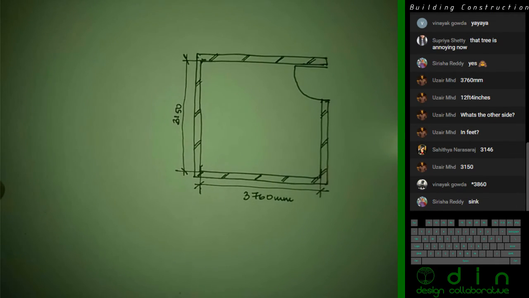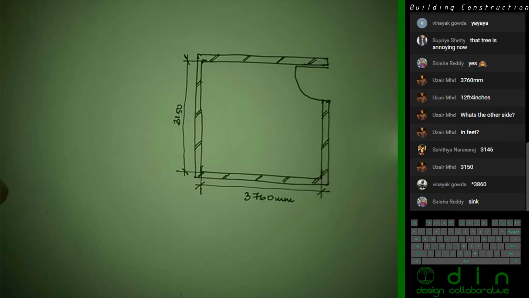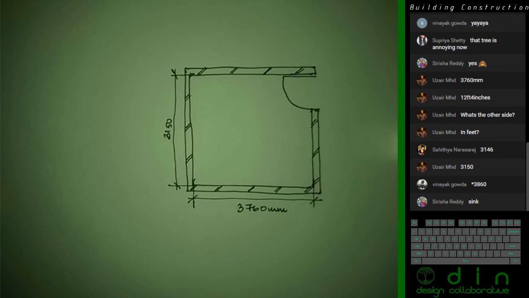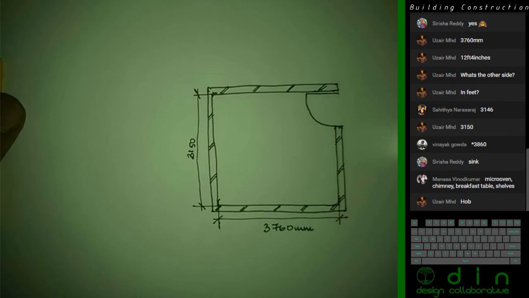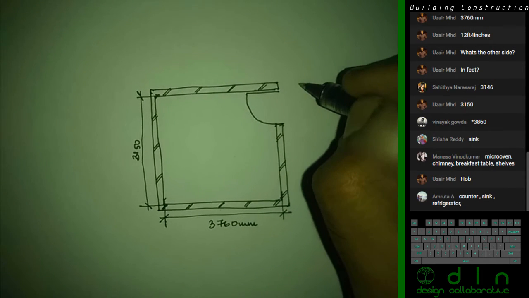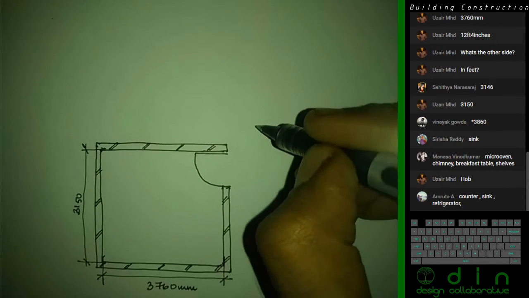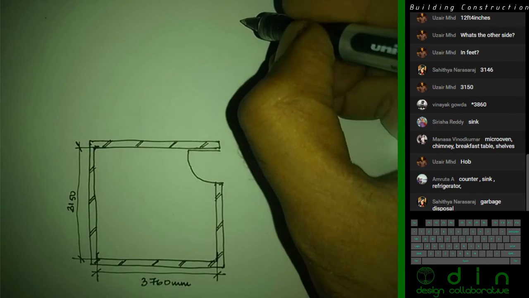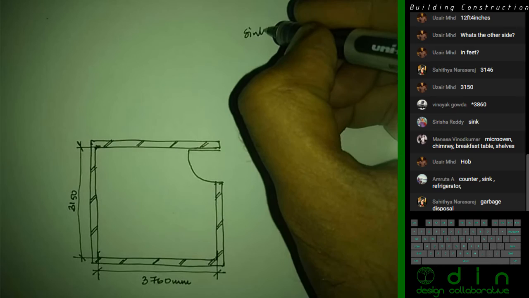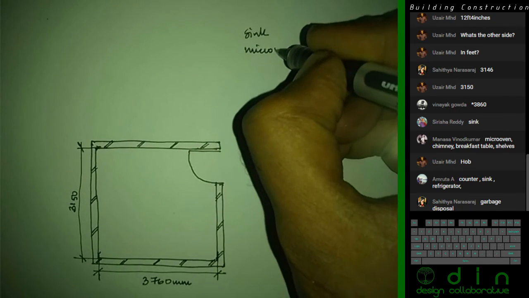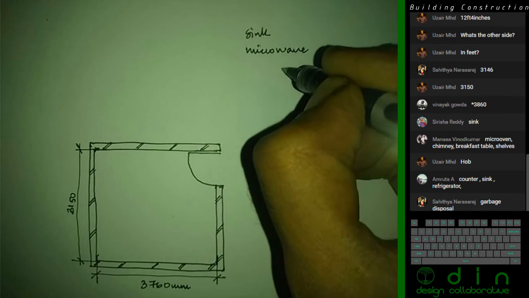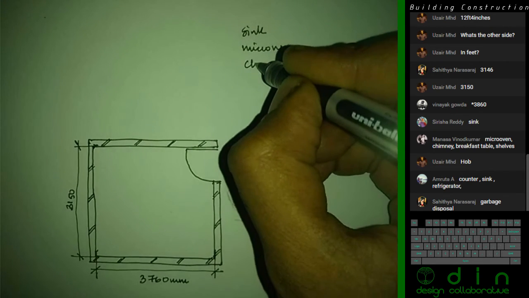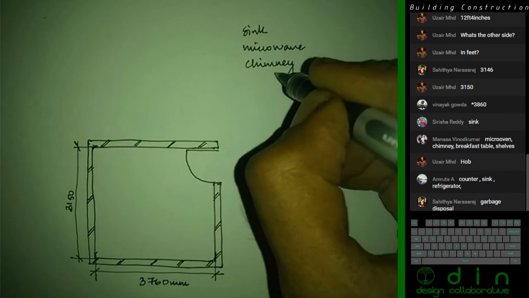So yeah, we have a sink, of course. We have things like the microwave oven, chimney, breakfast table, shelves. Actually, I'm going to write that down on the side here. By the way, I'm drawing this really small and trying to figure out how this works. But okay. So we have the sink, the microwave. Can you see all this? Yeah. The chimney, the breakfast table.